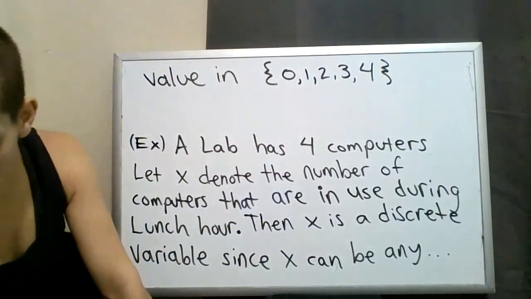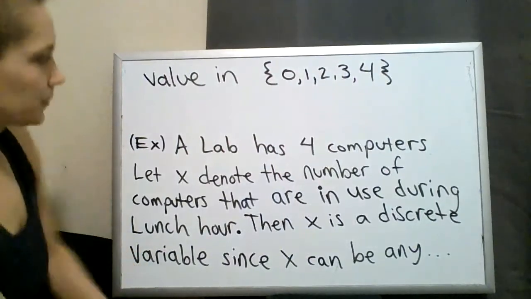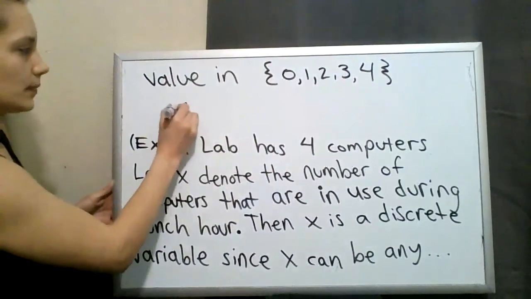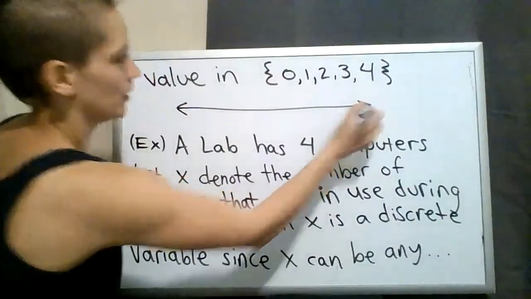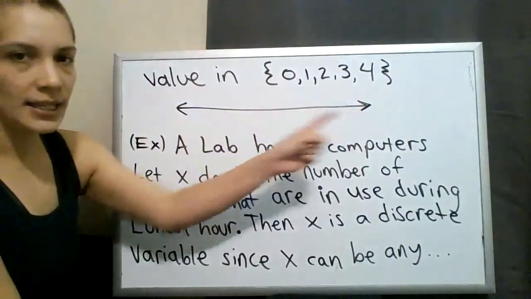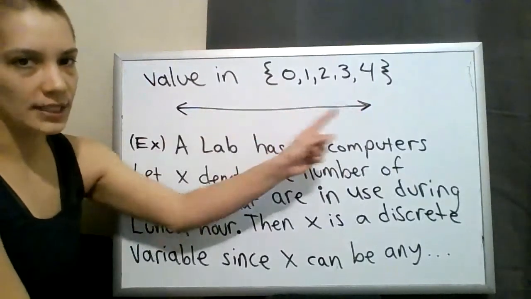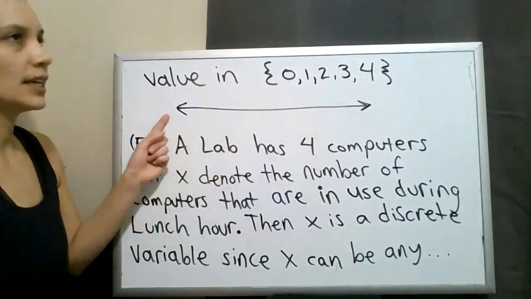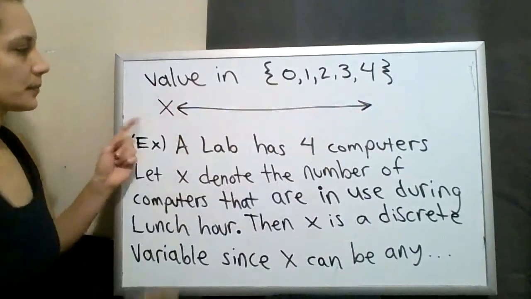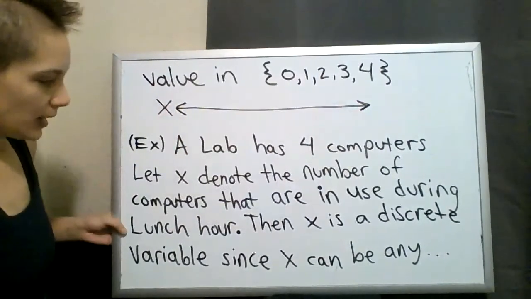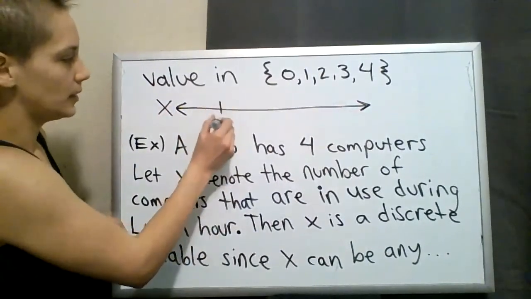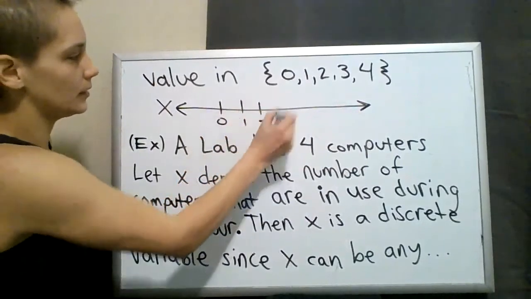Okay, we're going to draw a graph. So this is a number line and every single possible number on this line, and we're looking at values of x. We'll put down 0, 1, 2.